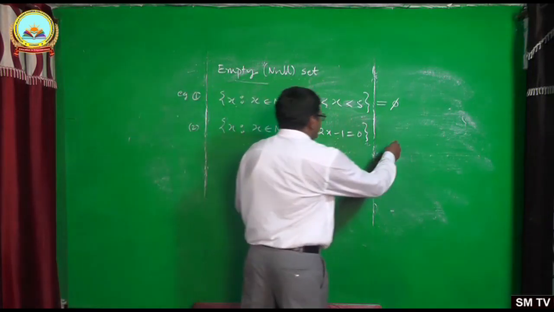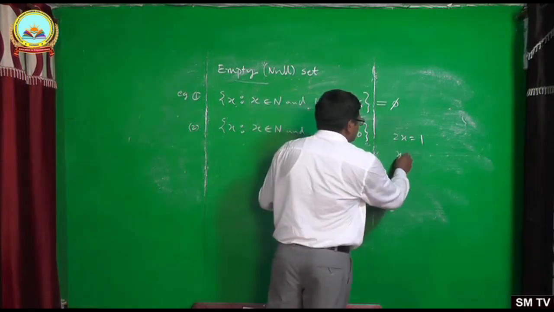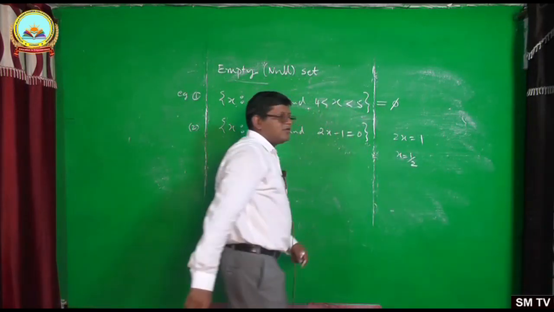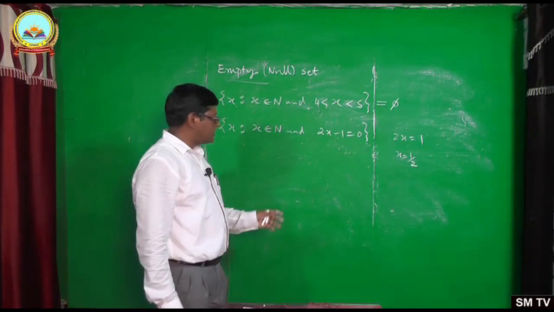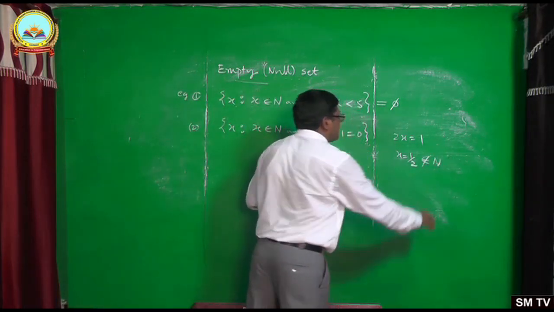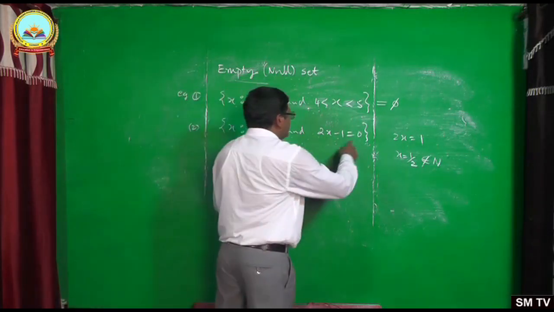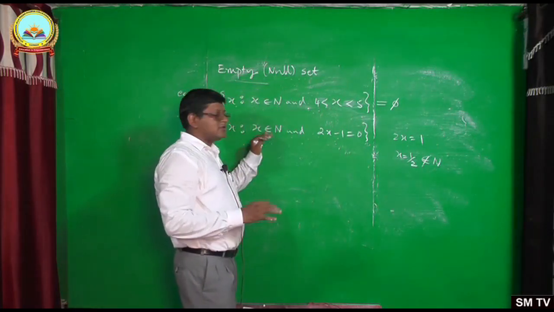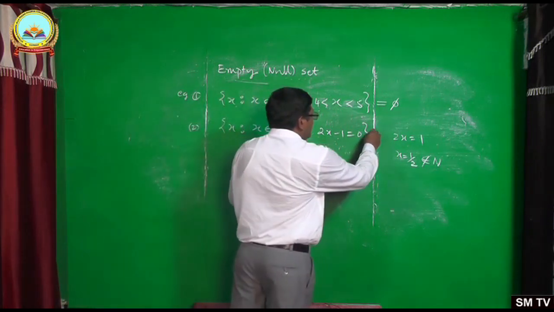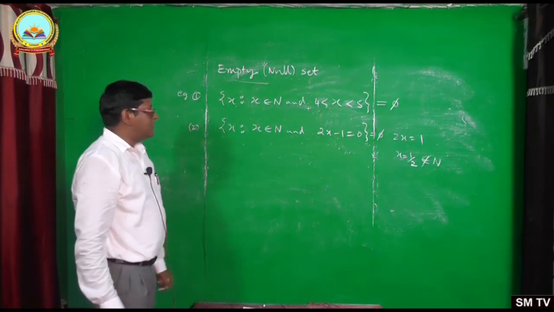Now we shall solve this equation. 2x minus 1 is 0 implies 2x is 1, so x is 1 by 2. We know that 1 by 2 is not a natural number, so it does not belong to N. So clearly this set does not contain any element, therefore this is the empty set.